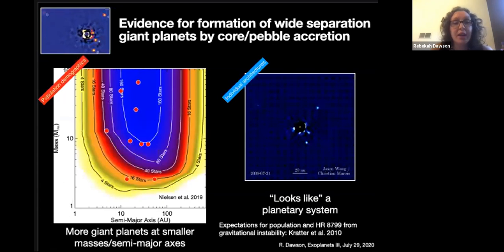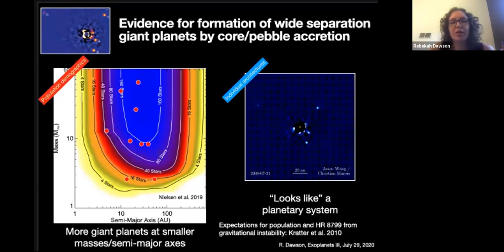But now direct imaging surveys have been looking at more and more young systems and finding that as they push closer to the star and to smaller, lower mass giant planets, the occurrence rate picks up. And that's more consistent with the expectations from core and pebble accretion than from gravitational instability.